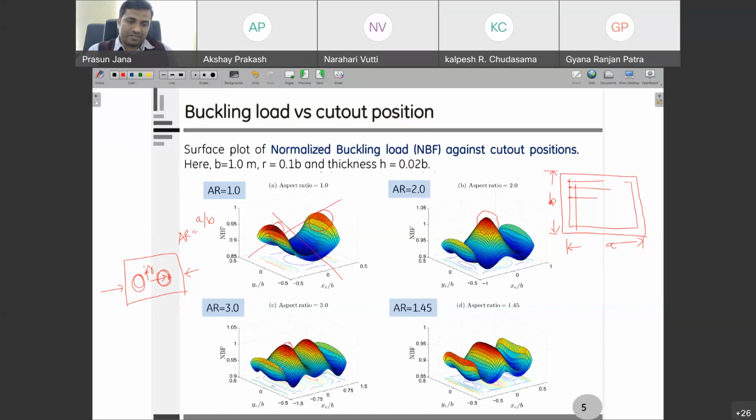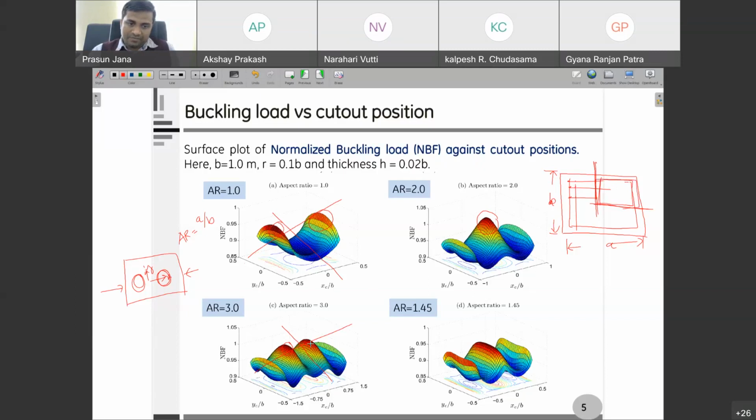So these surfaces have two symmetries, and if we take only a half or a quarter, it will be fine. So for optimization, we can have the positions only within the first quarter of the rectangular plate, and vary the location of the cutout within this first quarter.